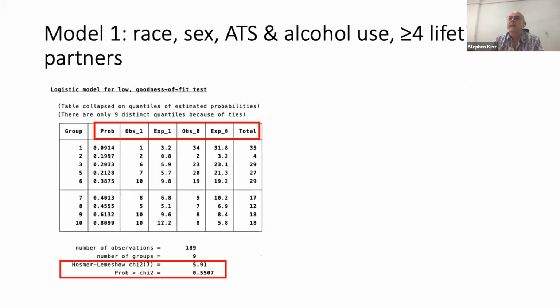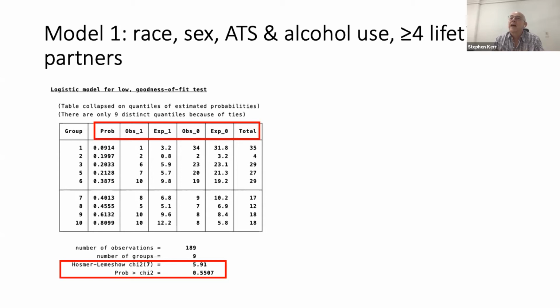So let's have a look at the goodness of fit for the first model that we presented. And across the top, we can see that we've got groups. In this case, there's only been 9 groups developed because of ties. And you can see the probability, so increasing risk of probability of having an STI.